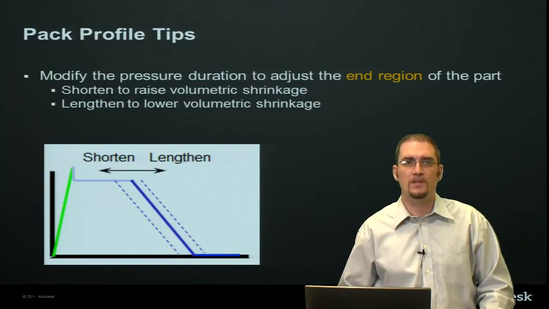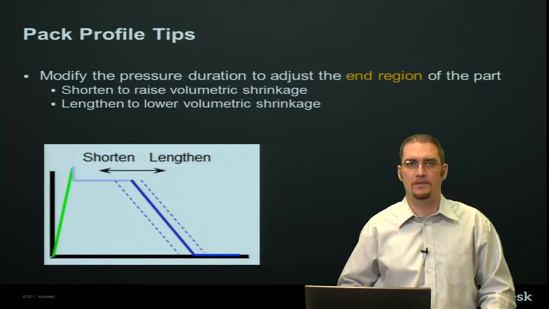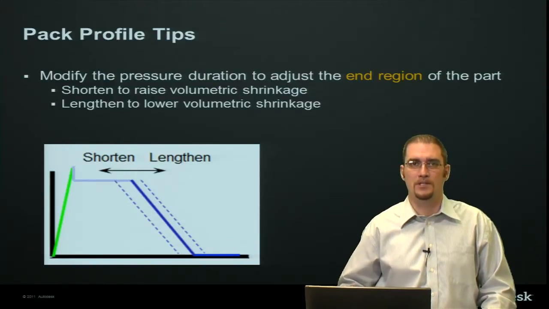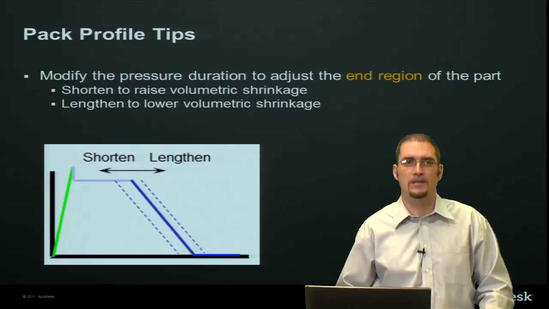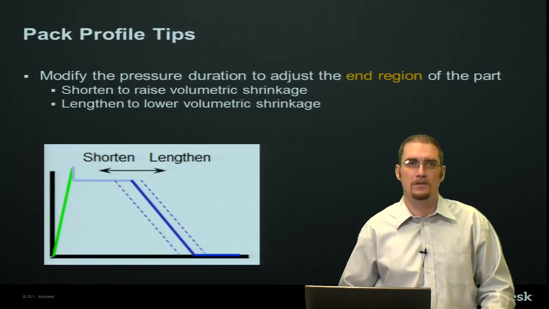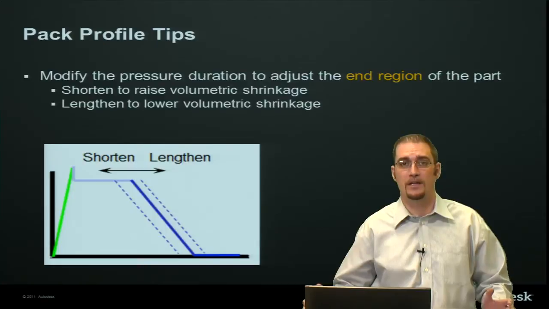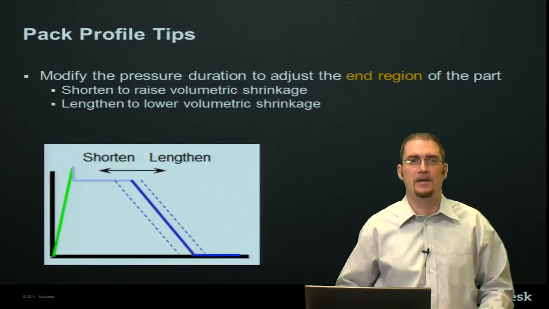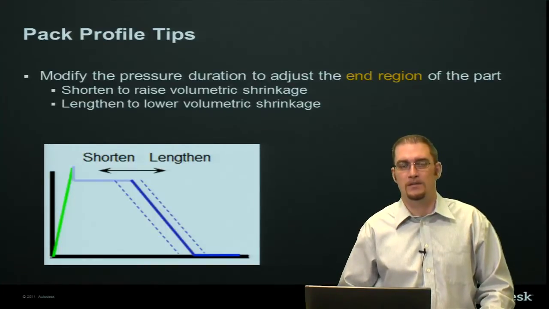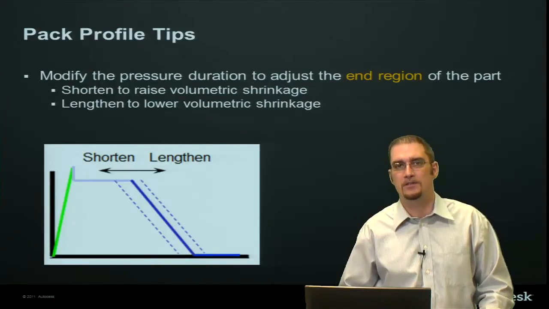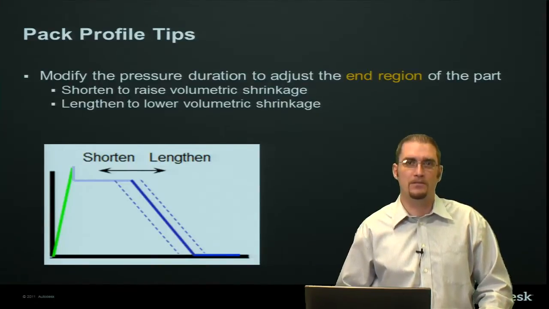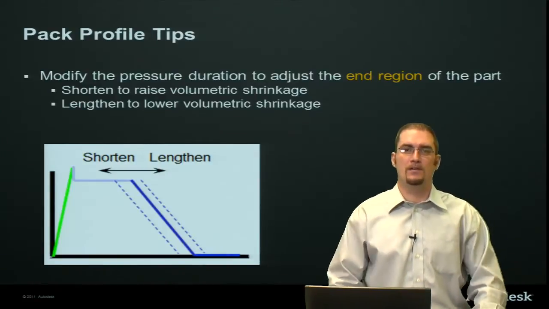So if you're having a problem with the end region, or you need to adjust something there, what we can do is shorten our pressure duration, and that will raise our volumetric shrinkage, or we can lengthen it out, increase the time, and that'll help lower it. And you might ask, why would I want to raise volumetric shrinkage? Well, again, uniformity is the key here.